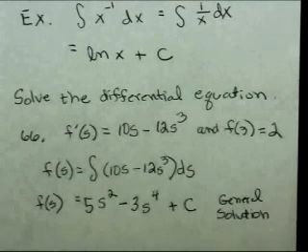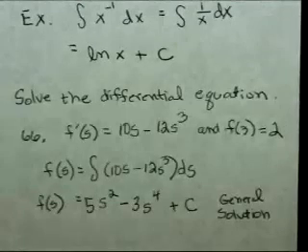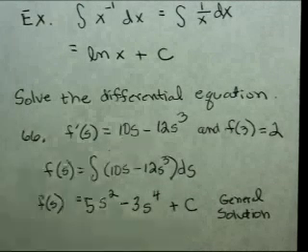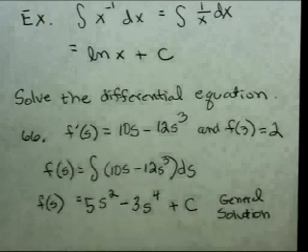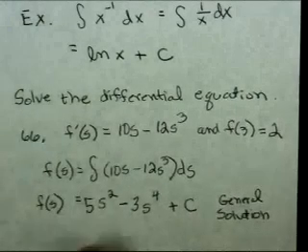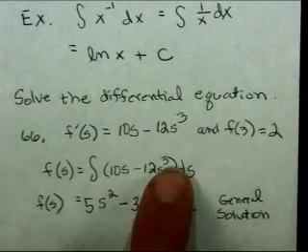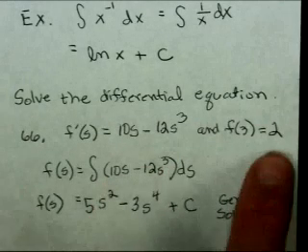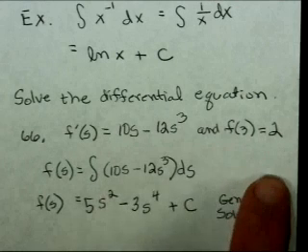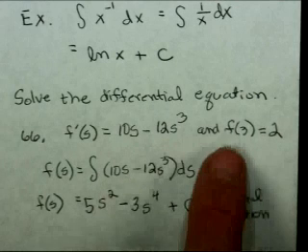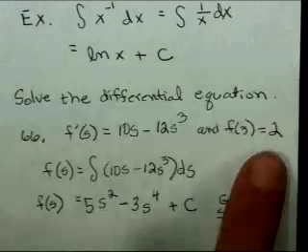But in number 66, we don't want the general solution. We want the exact solution, the one solution that not only has the derivative 10s minus 12s cubed, but also satisfies f of 3 equals 2. What does f of 3 equals 2 tell us? The x is 3 and the y is 2.